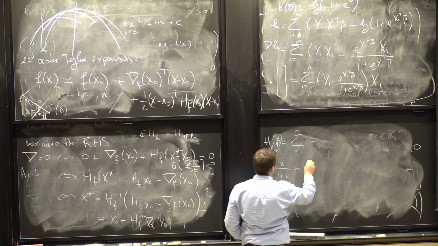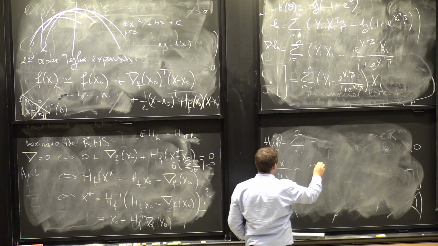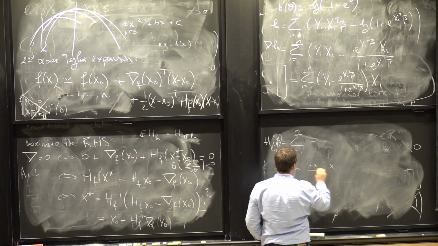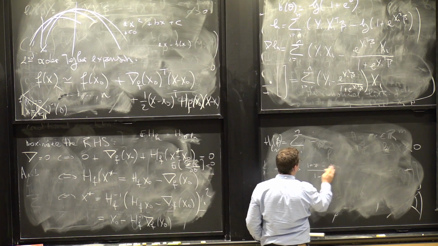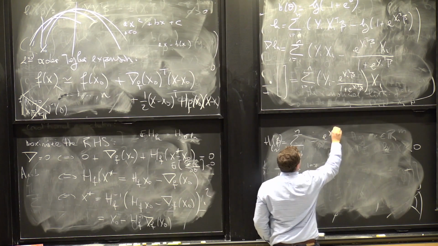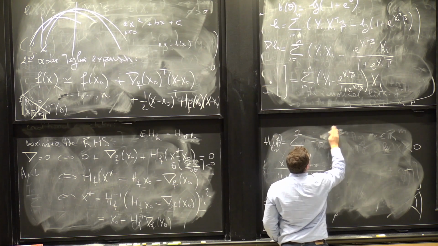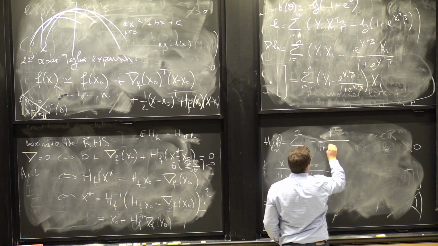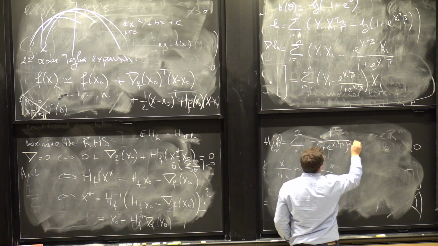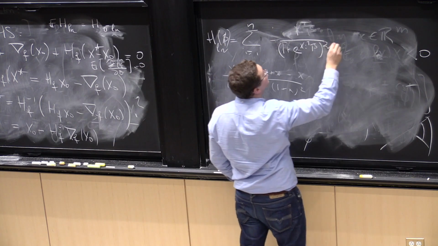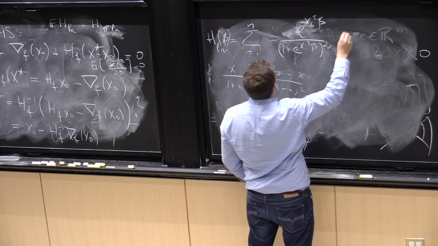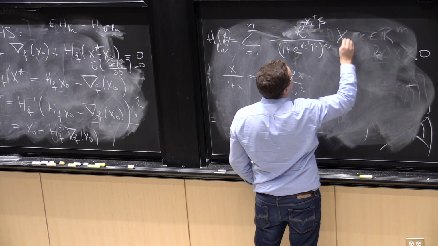So that gives me, OK, so that's 1 over 1 plus x squared. So that's minus e to the xi transpose beta, 1 divided by 1 plus e to the xi transpose beta squared, times the derivative of the exponential, which is e to the xi transpose beta, and again xi.